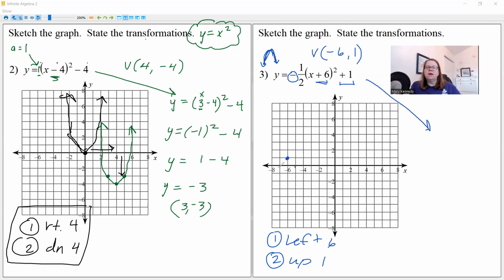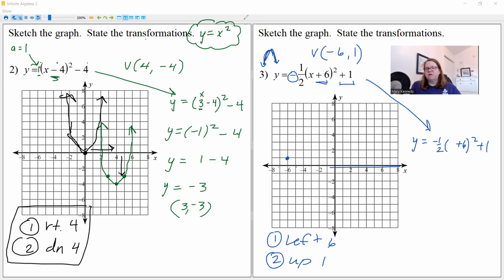Let's go either way. Let's go here. Now I don't need to put my actual point there because that's not where it is. But let's go to -5. So I'm going to plug into this: y equals -1/2 times (x plus 6) squared plus 1. And I'm going to put in -5 because it's near our vertex on the x-axis.